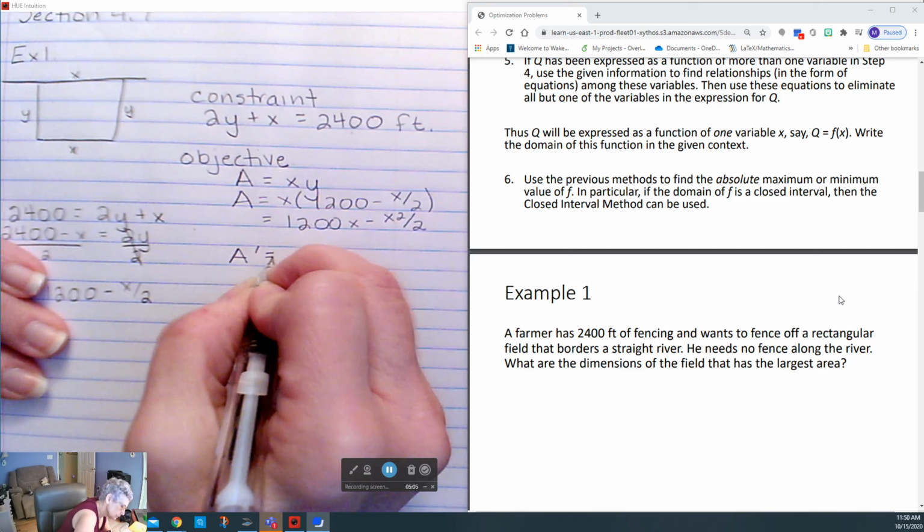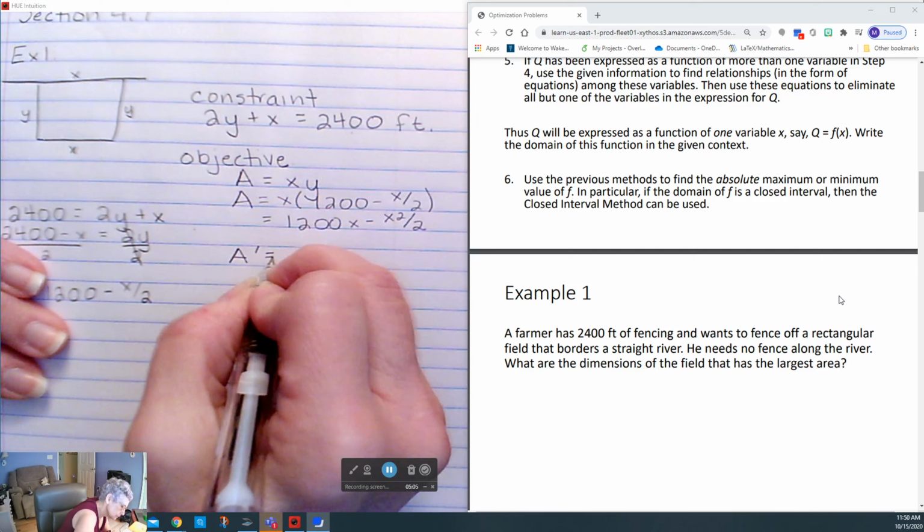So if I'm writing down my constraint, that is 2 Y's plus an X have to be equal to 2,400 feet, because that's how much fencing I have.